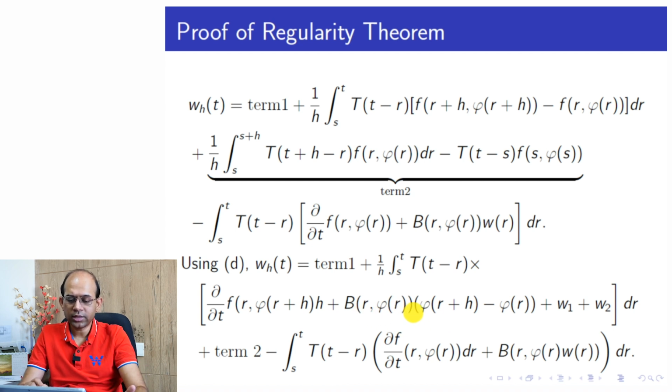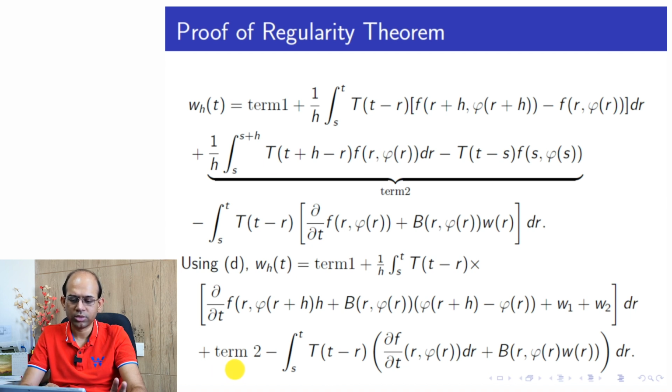So br phi r times phi of r plus h minus phi r. This is obtained verbatim from point D, plus w1 and w2. I am not writing its dependence on h and r, but that is understood, just to fit everything on the same slide. So this integration is dr. Okay, so this term is elaborated here.